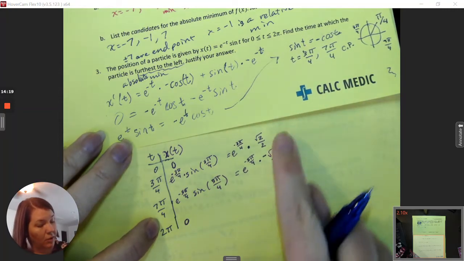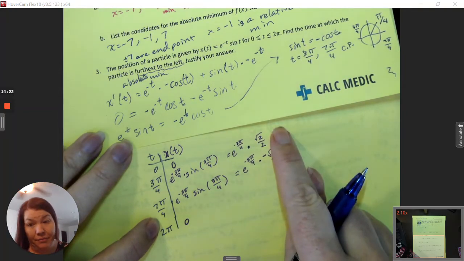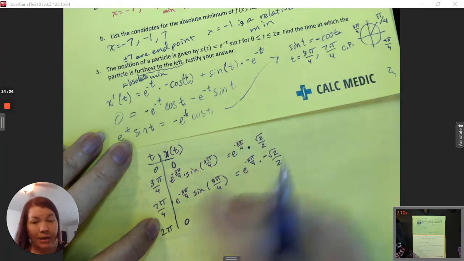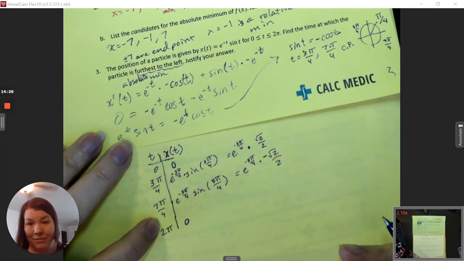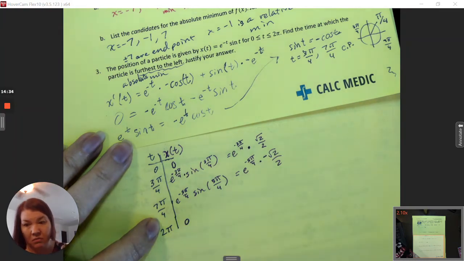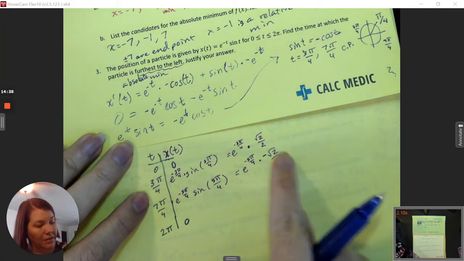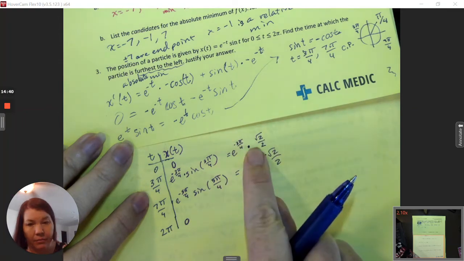So this one is smaller than that because this one's negative and that one's positive, because remember, e to the whatever is always positive. A very negative exponent just means it's really close to 0, but it's still positive. So this is a negative number, and that is a positive number.